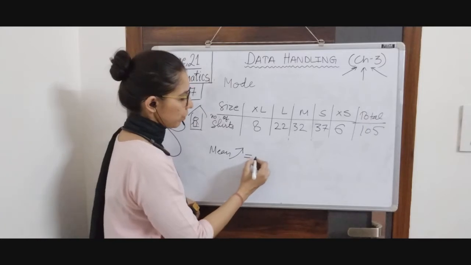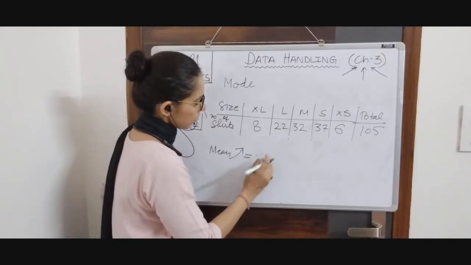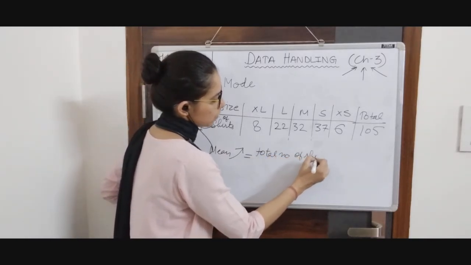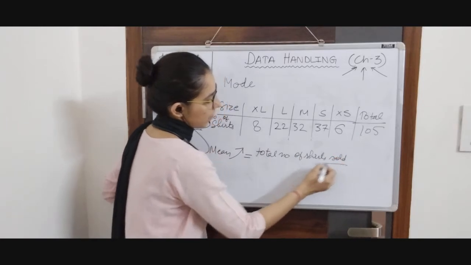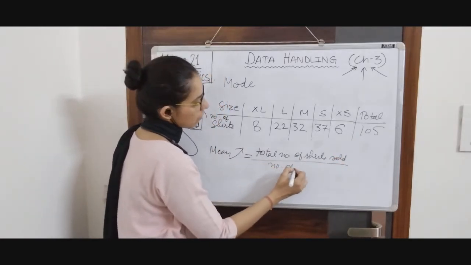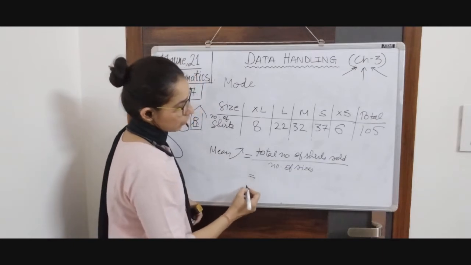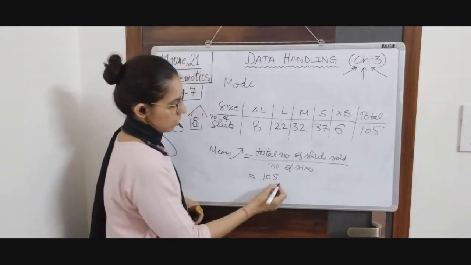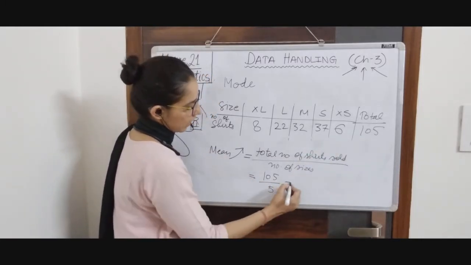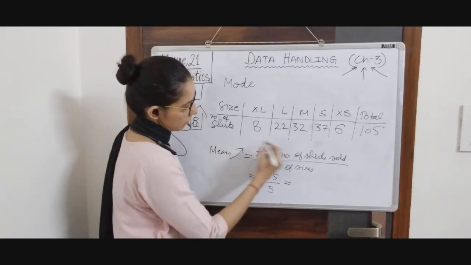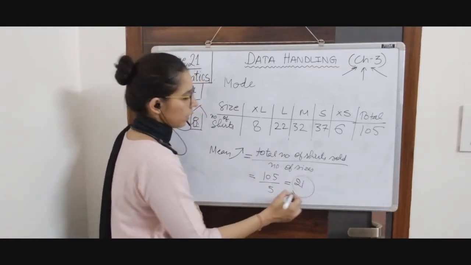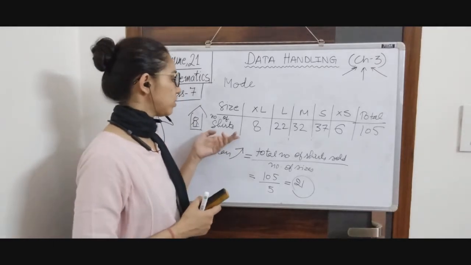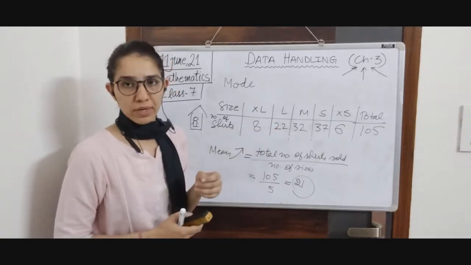It will come out to be 105 total shirts sold divided by 5 different sizes, which is 21. Mean is 21. It means the average number of shirts sold of each size is 21.